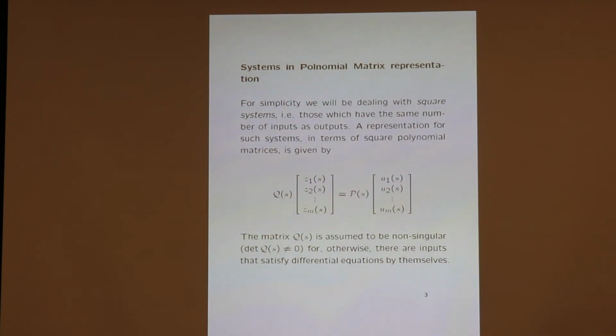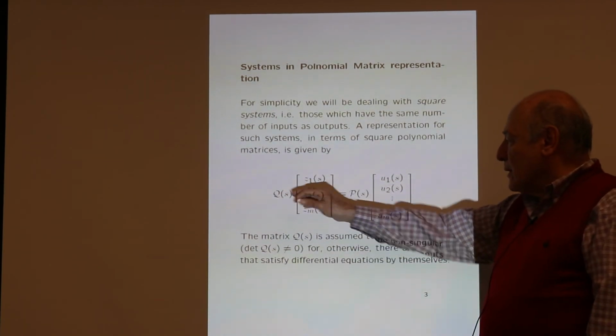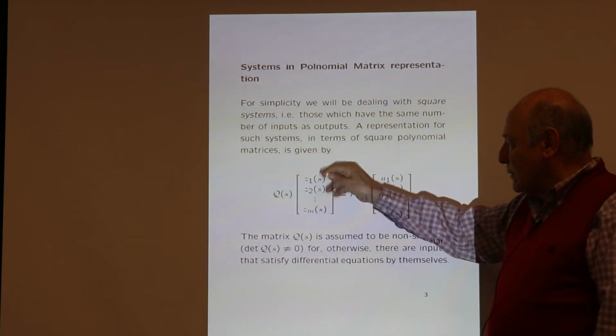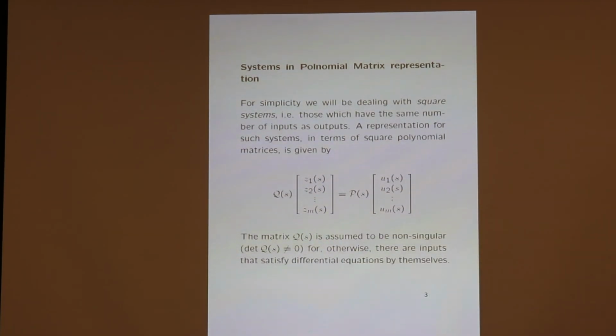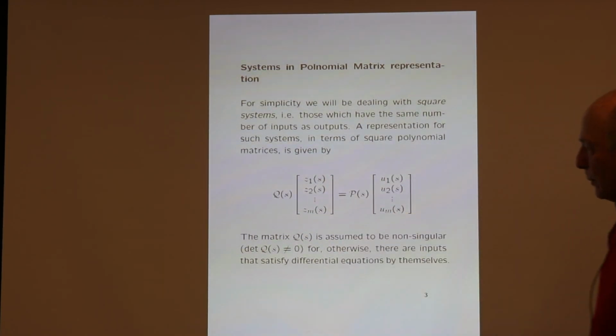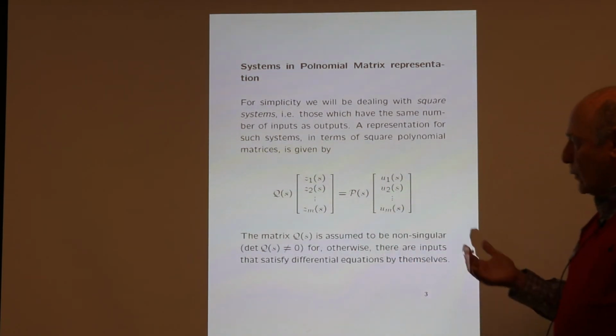If that were the case, then in the null space of Q, somehow you have rows that, in combination with these variables, will produce a zero as an outcome. Therefore, that means that some variable C will satisfy differential equations by themselves. And that idea is the idea of a lack of controllability.